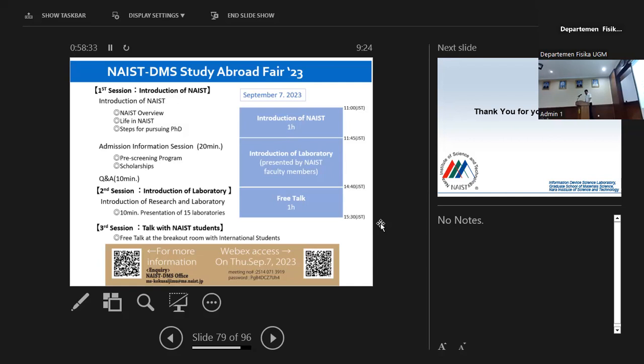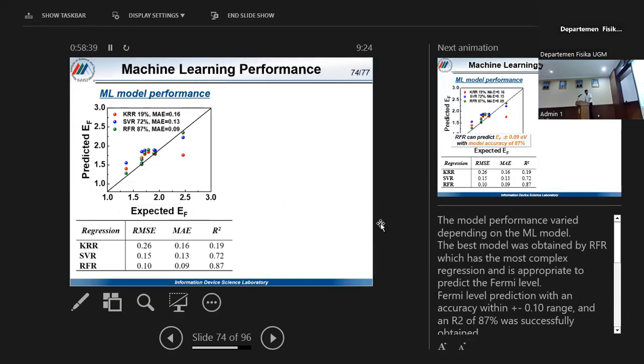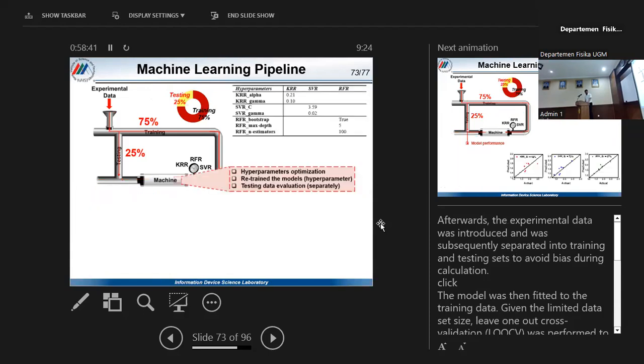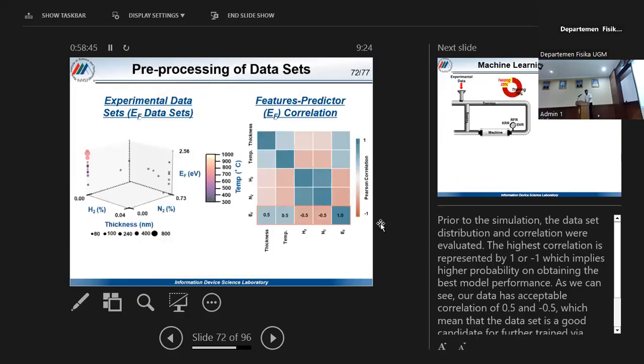Here, is there not an optimization about the Fermi level? I need to know what the components, or what the data, are when we input to the machine learning.